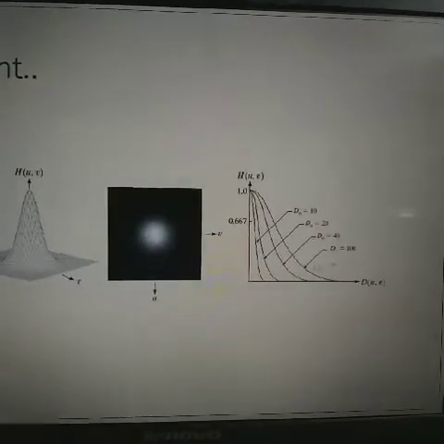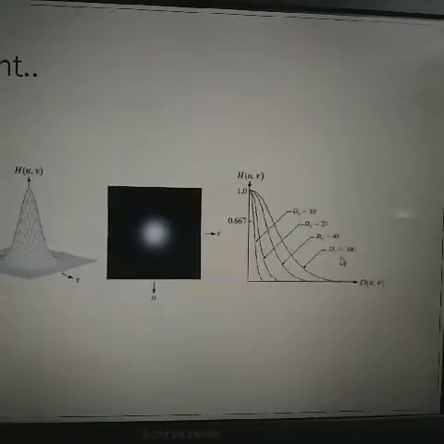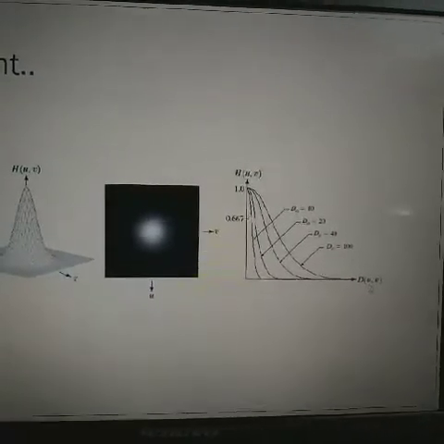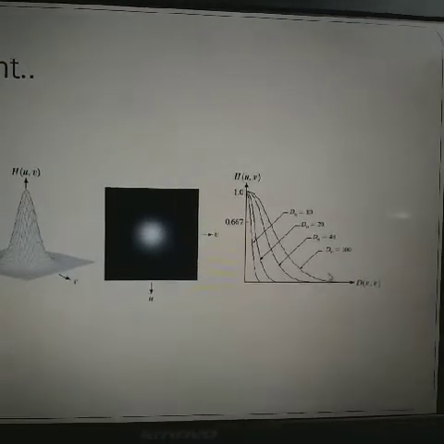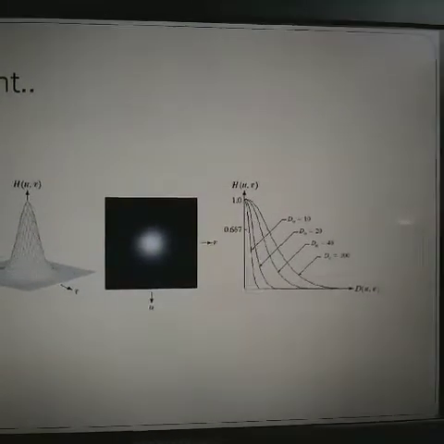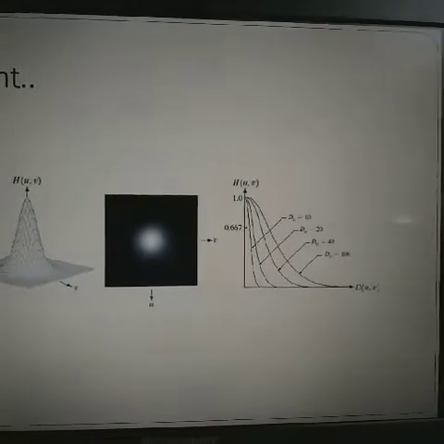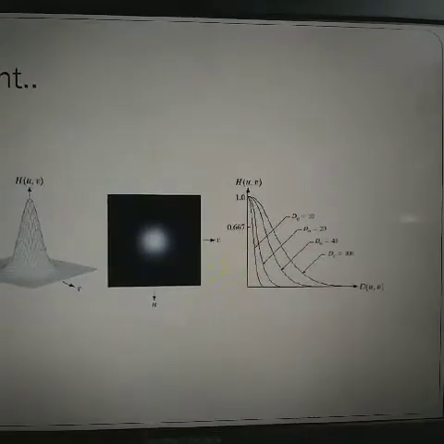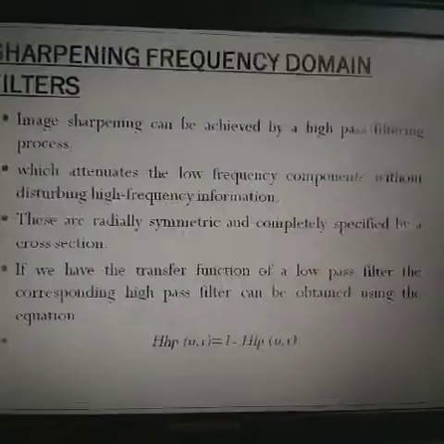Then for D naught equal to 40, the result is like this, and so on. As the D naught value increases, the results move away from the origin, and the farther from the origin, the more blurred the image.